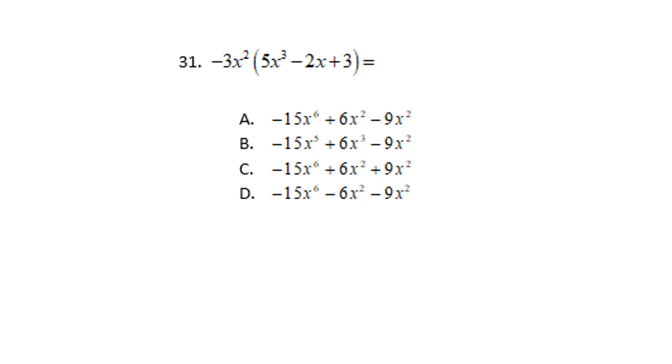B, negative 15x to the 5th plus 6x cubed minus 9x squared. C, negative 15x to the 6 plus 6x squared plus 9x squared. D, negative 15x to the 6 minus 6x squared minus 9x squared.